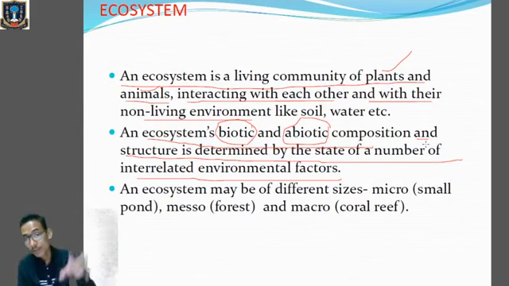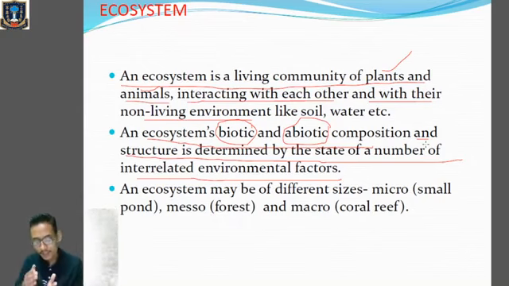Clear? Actually, in the forest ecosystem we find tall trees, a canopy of tall trees. But due to a change in one factor, the entire forest ecosystem changes into an ecosystem of grasses, herbs, and shrubs.